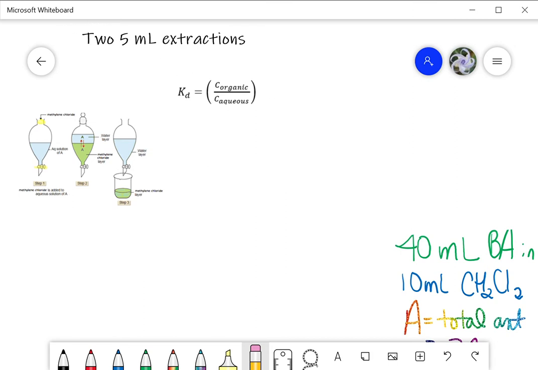So now we're going to continue our lab with two 5 mL extractions this time instead of one 10 mL extraction.